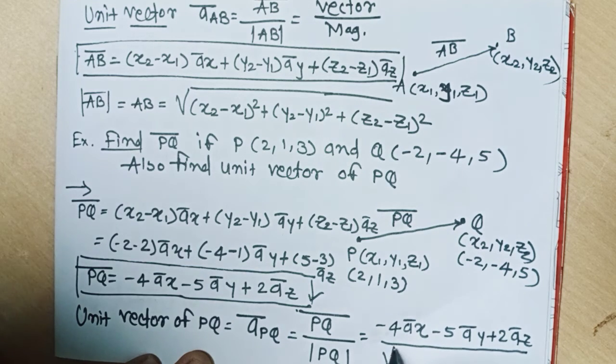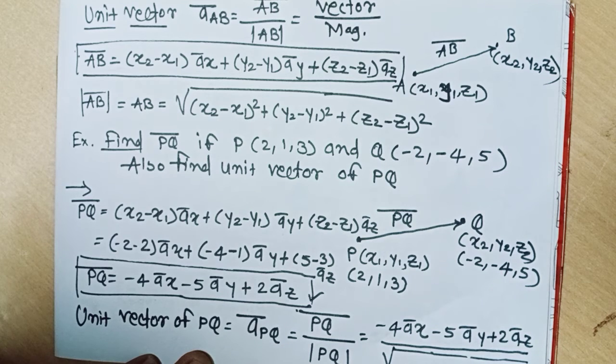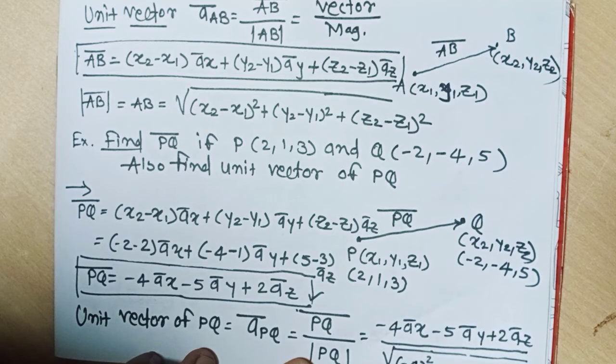We have a formula to obtain this: x2 minus x1 bracket square plus y2 minus y1 bracket square plus z2 minus z1 bracket square. By using that formula, or simply by taking the coordinates of this vector, you can write minus 4 bracket square, minus 5 bracket square, plus 2 bracket square.